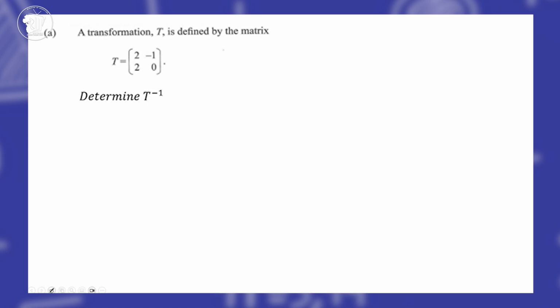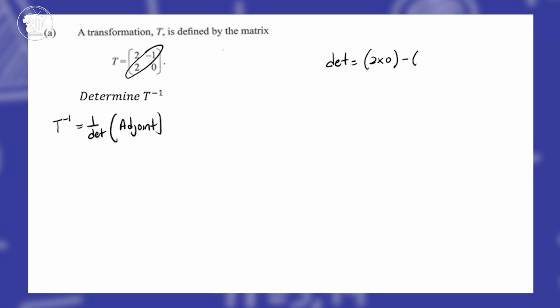To find the inverse of T, T inverse would simply be 1 over the determinant multiplied by the adjoint of T. So we find the adjoint and the determinant separately. Let's find the determinant first. The determinant will be 2 multiplied by 0, subtract -1 multiplied by 2.